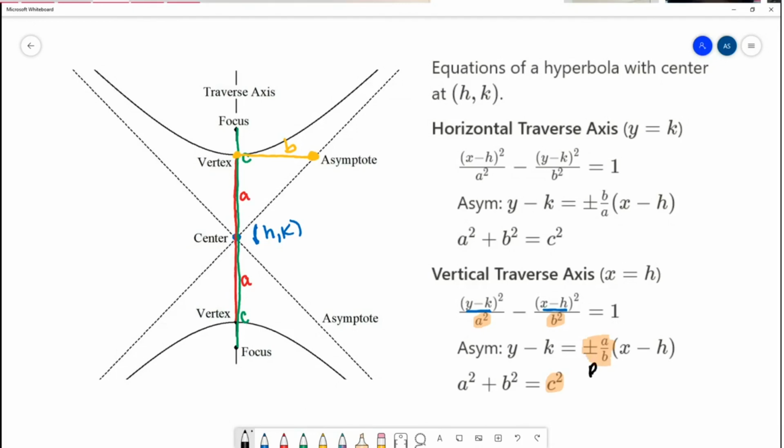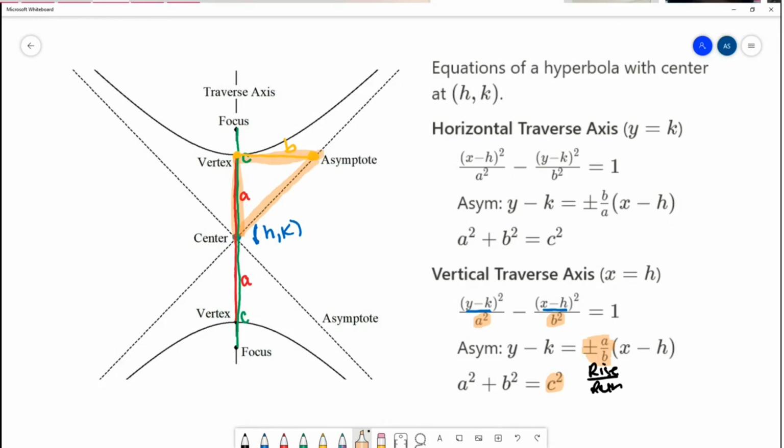So remember, we think of that as rise over run. And so that's why you see this vertical rise and then run of this asymptote.